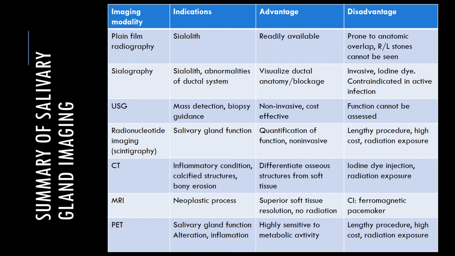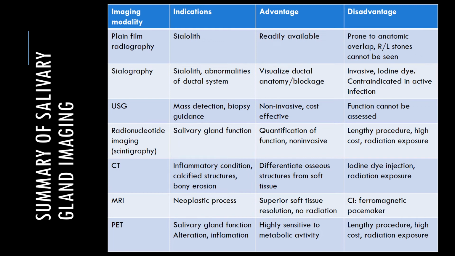Ultrasonography is generally indicated in detecting a mass, and can also be indicated in cases of biopsy guidance, especially fine needle aspirations. The advantages would be it is non-invasive and cost-effective. The disadvantage is that ultrasound cannot be used to detect the function of the salivary gland.